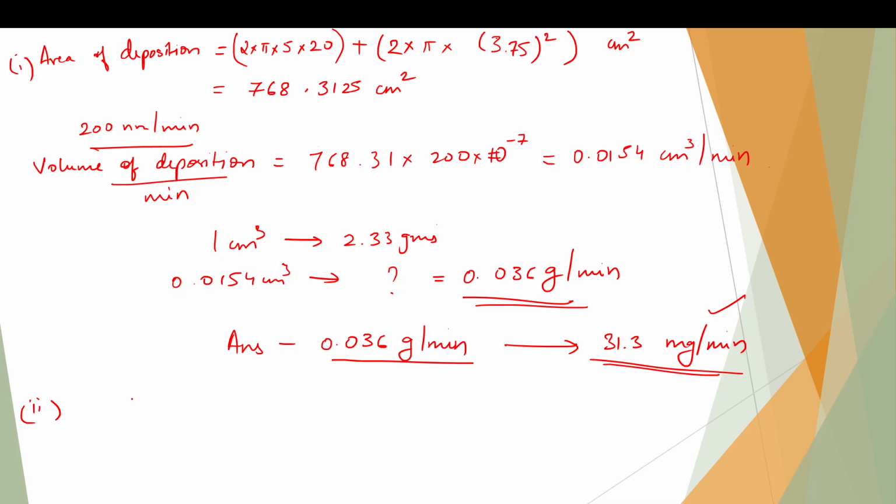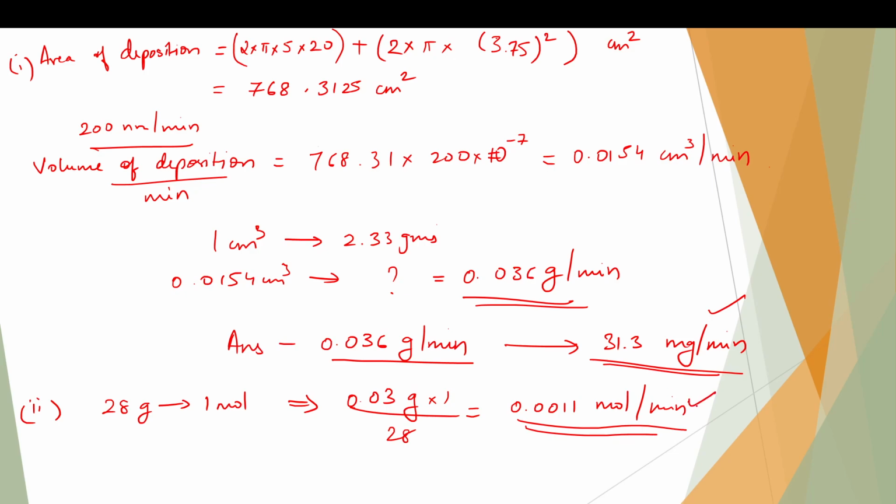So 28 grams for 1 mole, that means 0.03 grams is how many moles? It is 0.03 into 1 by 28, that is equal to 0.0011 mole per minute. So that is the second answer.